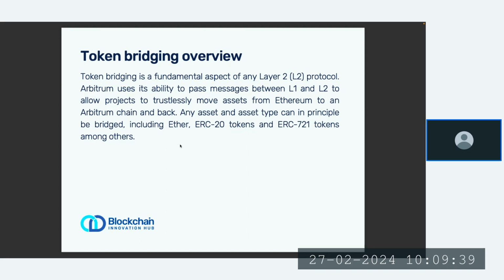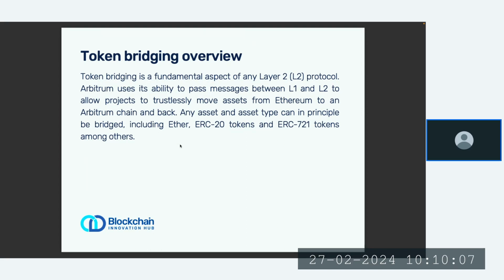Now, yesterday we saw cross-chain messaging. And we got to understand that Arbitrum makes use of messages between layer 1 and layer 2. We actually understood retryable tickets, where we said the messages are separable. Layer 1 has its own messages and layer 2 has its own messages.